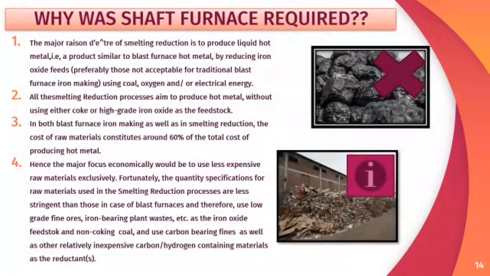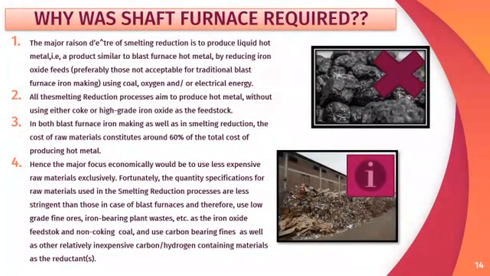Now, why was the shaft furnace required? In brief, we can say because of the following reasons. Firstly, it uses iron oxide feed, which is preferably those not acceptable for traditional blast furnace iron making. Secondly, coke or high-grade iron oxide is not used as feedstock.